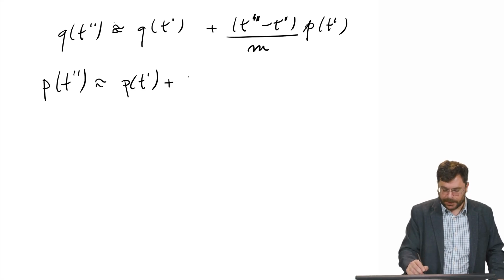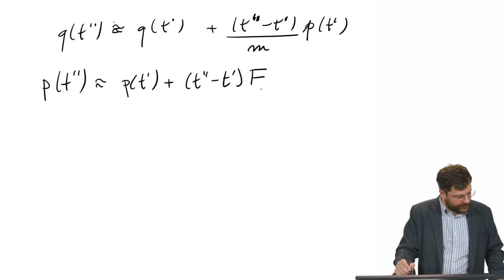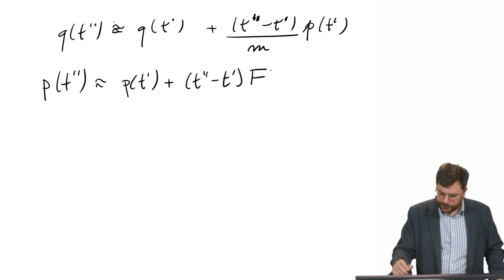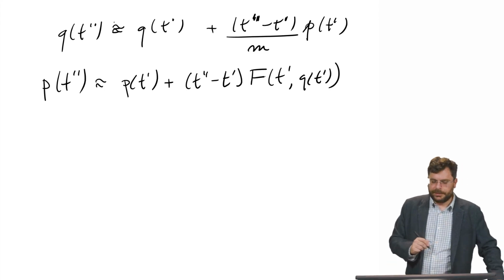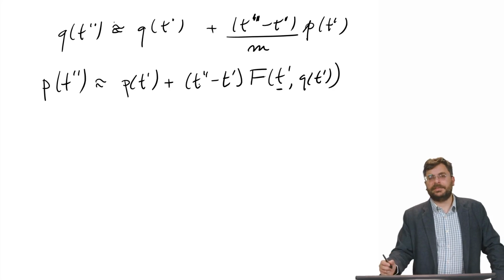Then I have p of t double prime is approximately equal to p of t prime plus my time interval times f of t prime, q of t prime. And why is it f of t prime and not f of t double prime?